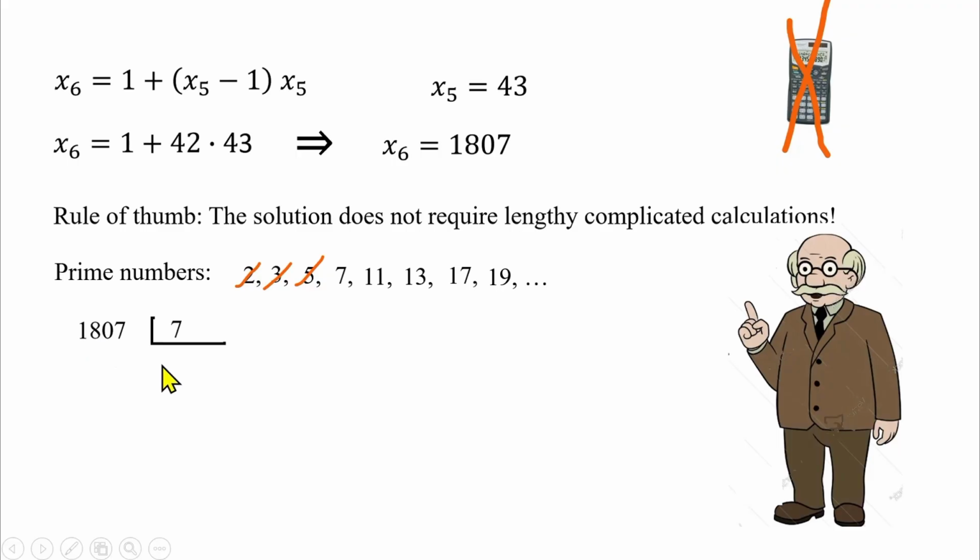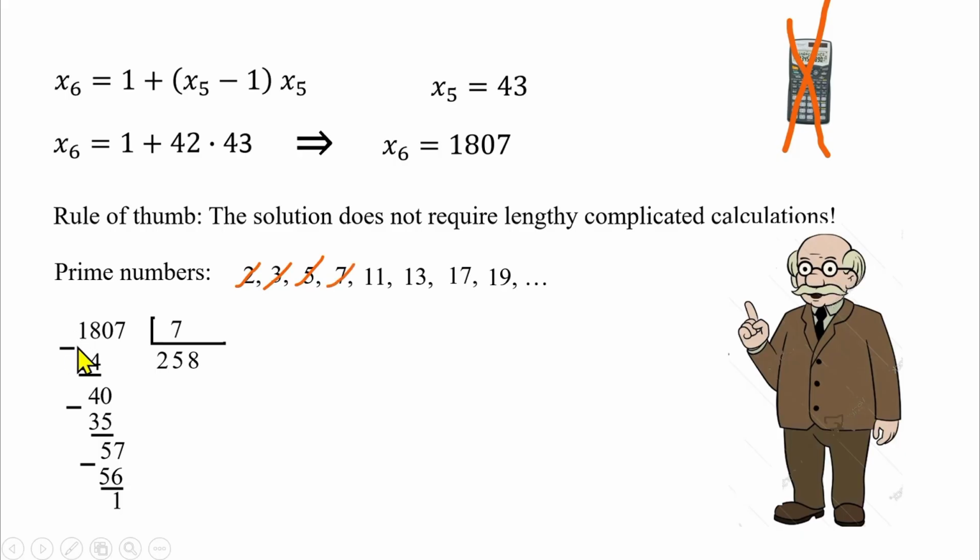So I have here 2. 2 times 7 is 14. Subtract from 18. I have 4 here. Borrow this 0. I have here 5. 35 minus 35. Take this 7. And here will be 8, to have here 56. I subtract. I have 1 as a remainder. So 7 is not a divisor.